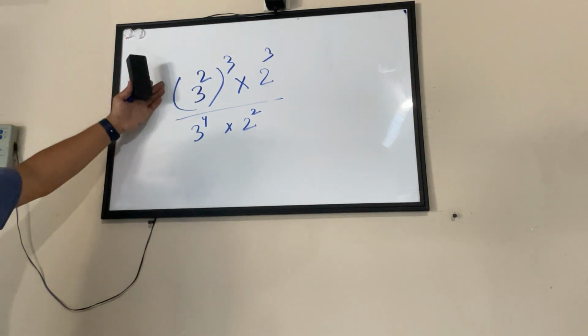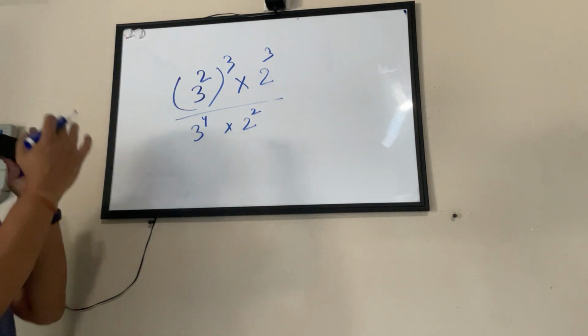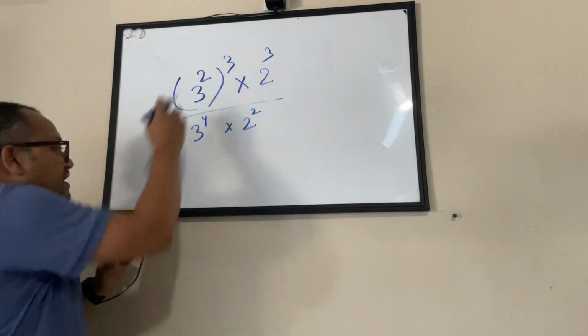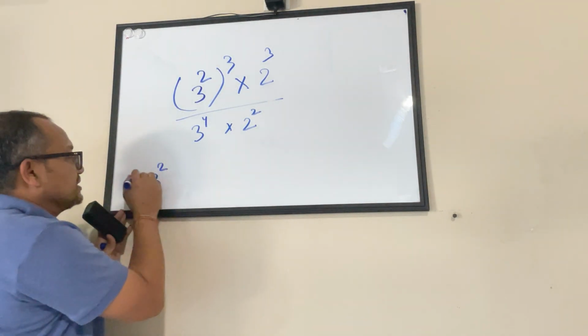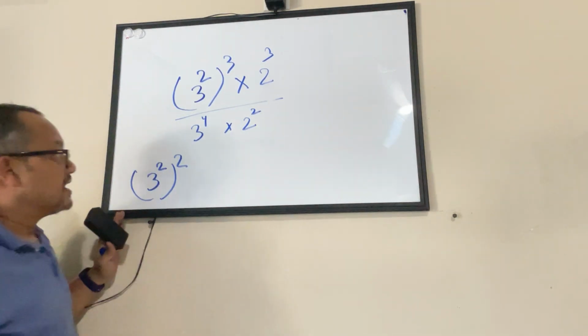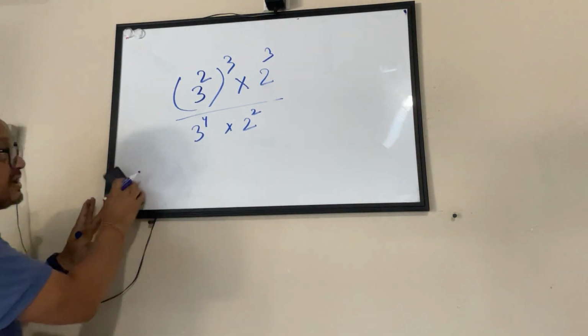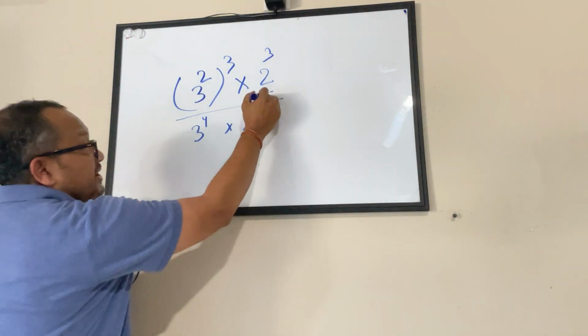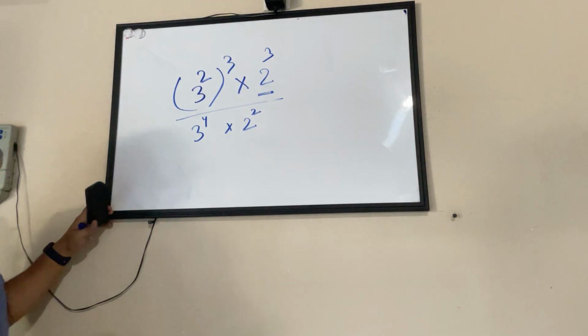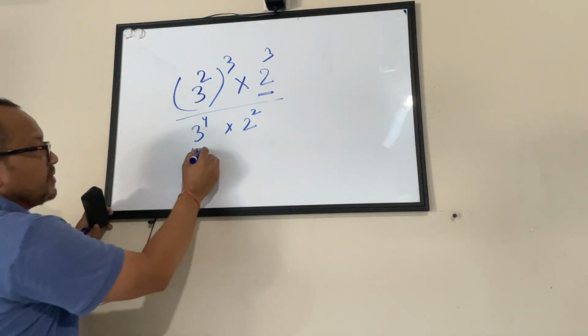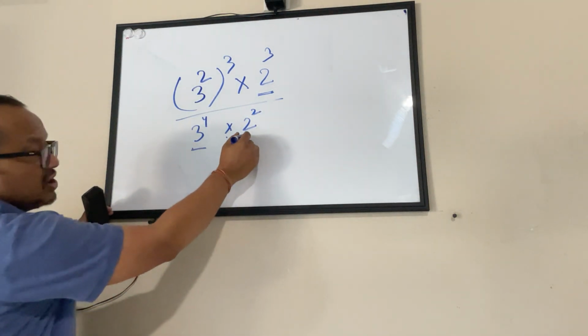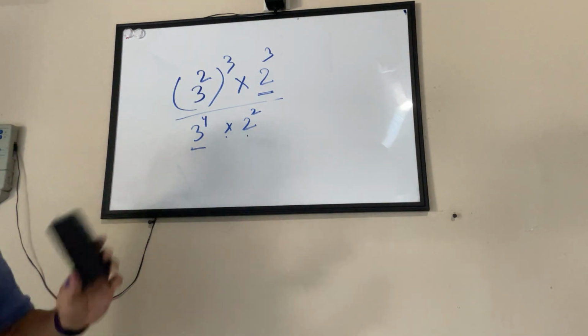I have 3 to the power 2 inside a bracket to the power 3, multiplied by 2 to the power 3, divided by 3 to the power 4 into 2 to the power 2. Can you guys solve this one?